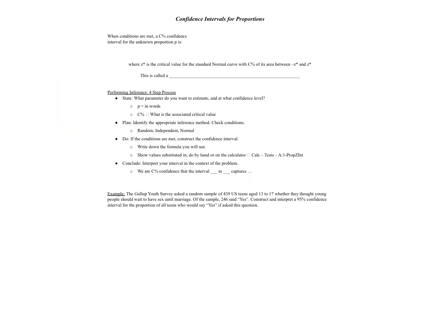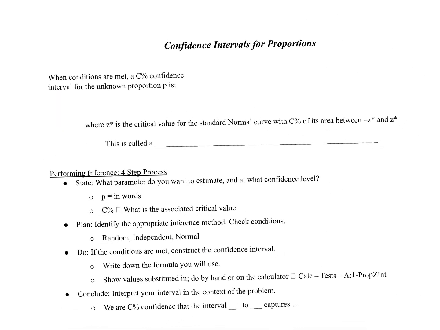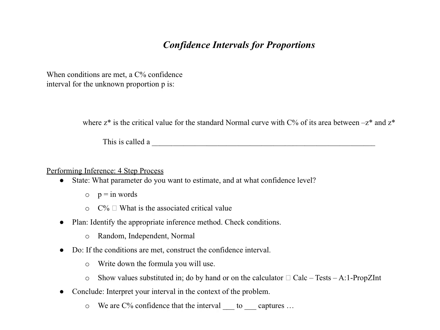Now that we've discussed all of these things, let's talk about the actual formula. It starts with our point estimate, which we've now discussed is P hat, plus or minus our critical value, which we've now defined as z critical value, times our standard deviation, which we have said is the square root of P hat times 1 minus P hat all over n.